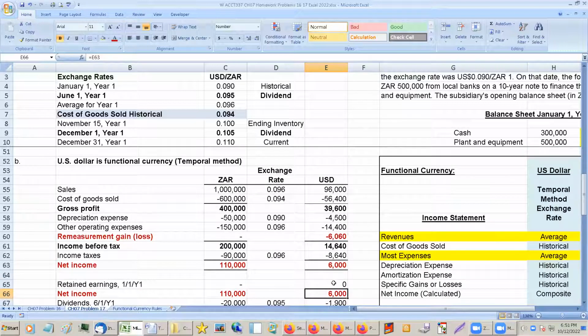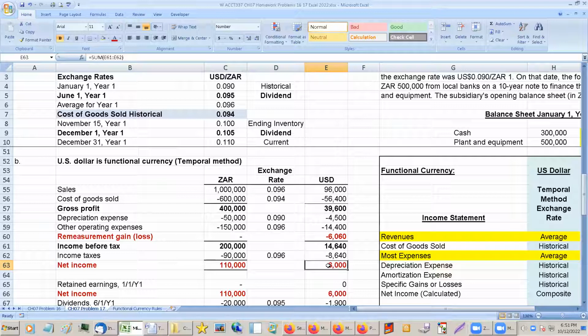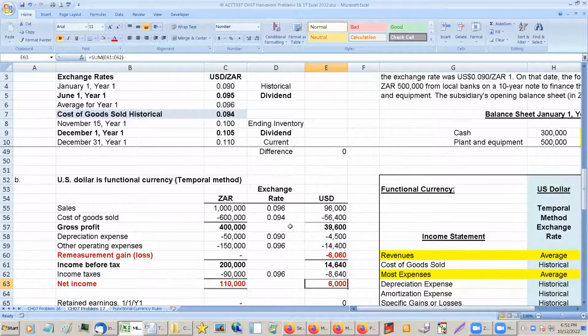I'll show you something funny about this. If you just focus on the net income, 6,000. Okay. You go, okay, why do I put a number in wrong here? When instead of 0.094, I put this in. Let's take this out.